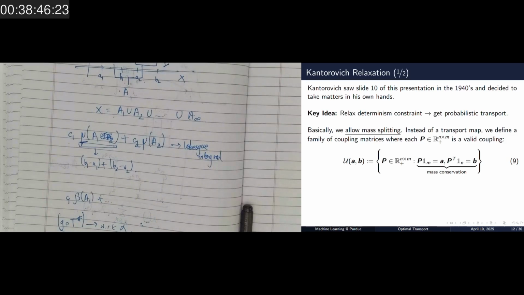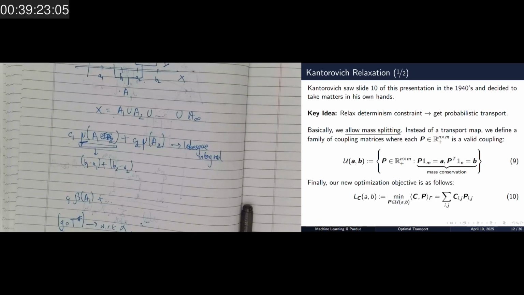And by doing this, you effectively get your total amount of mass that is transported from A to B, or alpha to beta. The idea behind the constraint is that if I sum up along m, I should get the vector of original masses in A, and the transpose of that would get you the vector of masses in B, or the distribution in B.